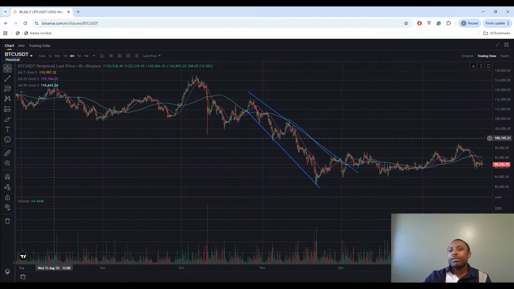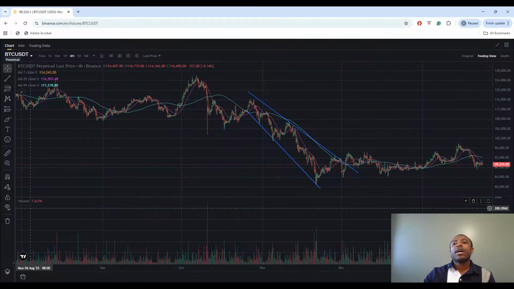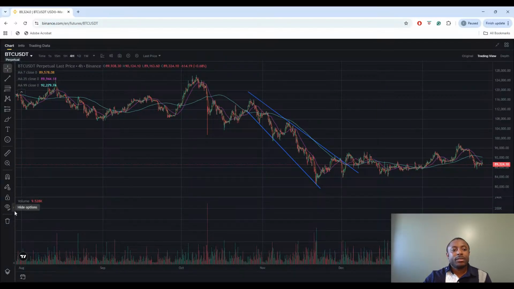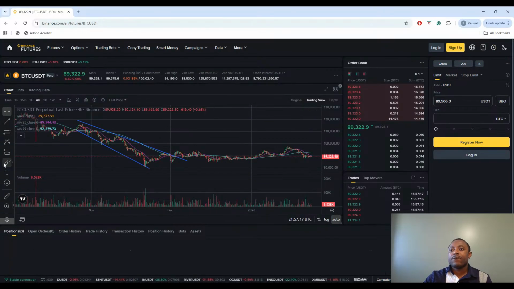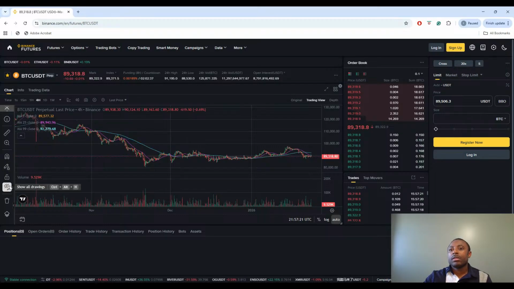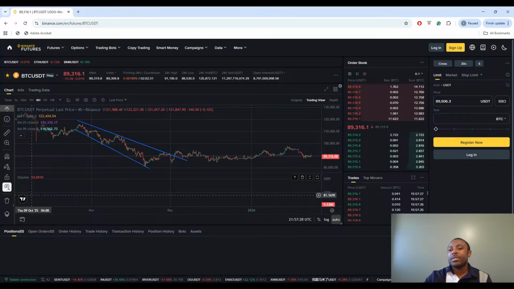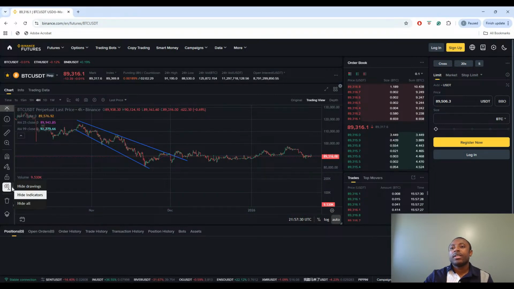Let me take them off and say hide. Show drawings, hide options, hide indicators. So you see, hide indicators. Now they're hidden.